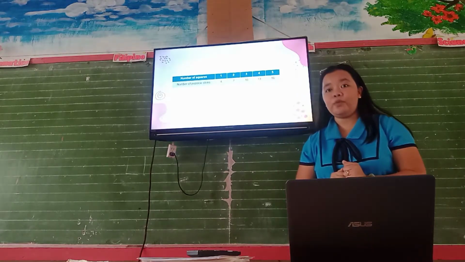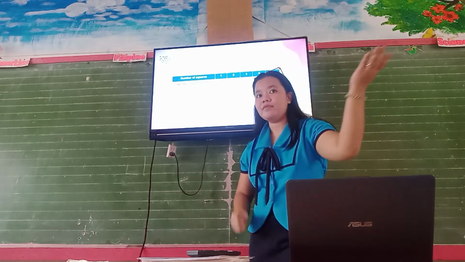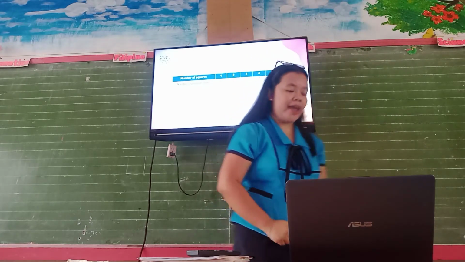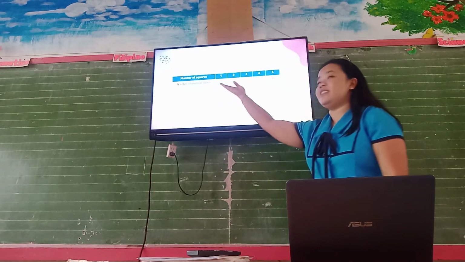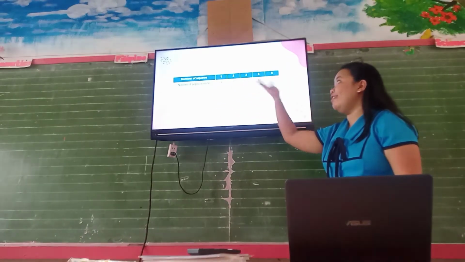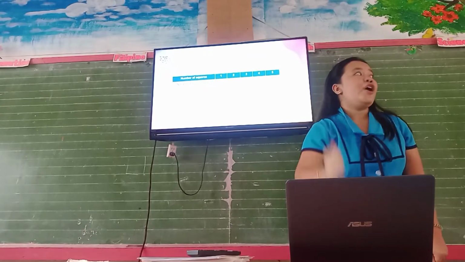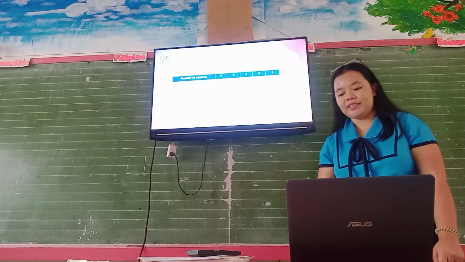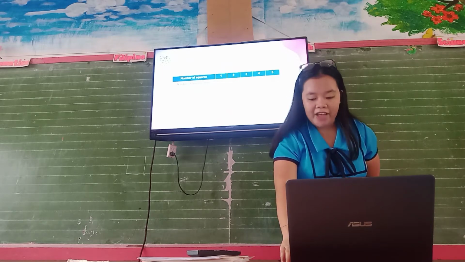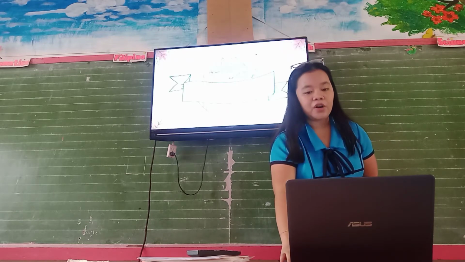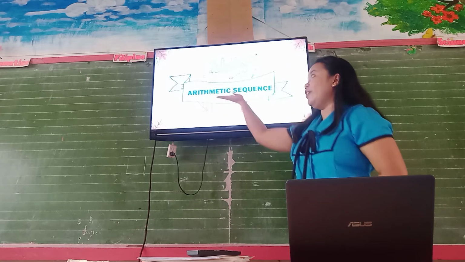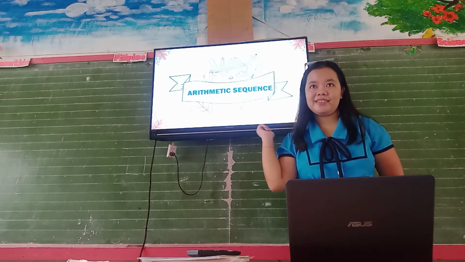And what kind of sequence is this? Yes, that's right. The number of popsicle sticks 4, 7, 10, 13, and 16 represents an arithmetic sequence. And thus, for today's lesson, we are going to dig deeper into arithmetic sequences.